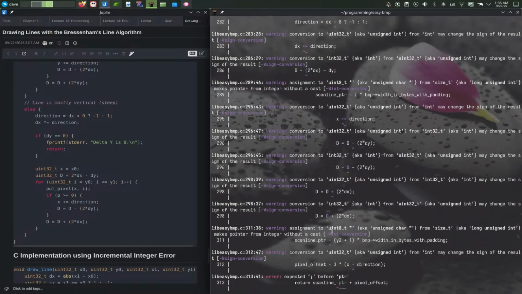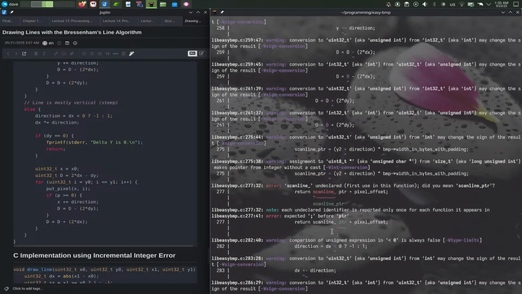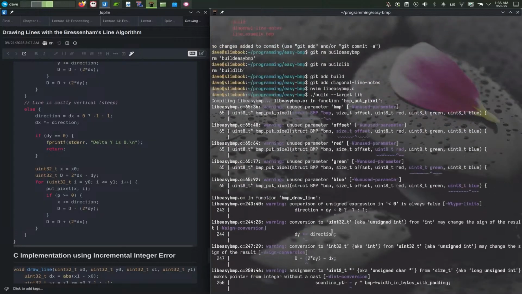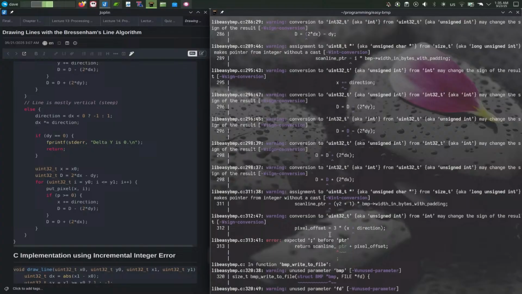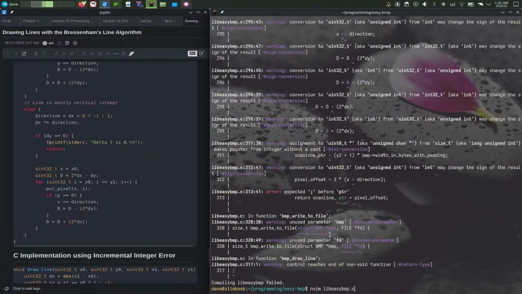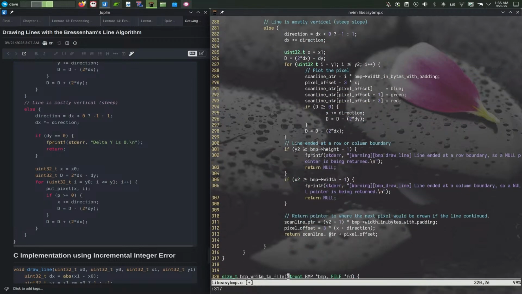Okay, so I have a simple error there. And I have a bunch of, yeah, so line 277 just has a typo, and then 313 has a typo, so 277. Oh, okay.